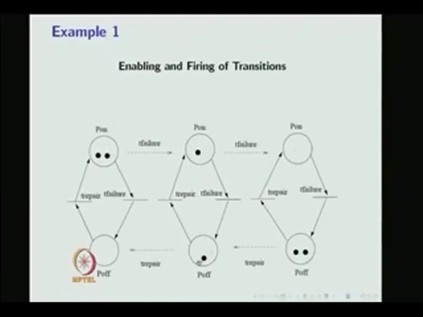Hence, one token in the place P off, one token in the place P on by T repair fires. So, these are all the dynamics in the Petri net by enabling and firing of transitions. So, this is a very simple example. We are going to consider some more examples in this lecture.